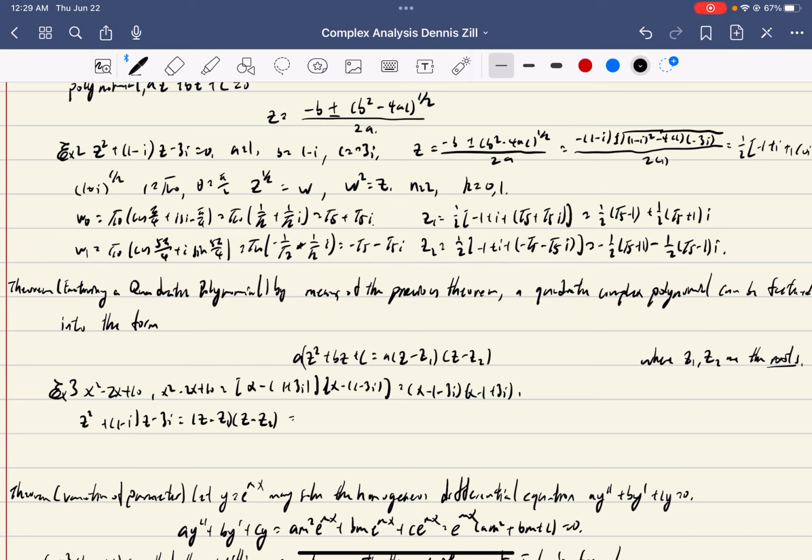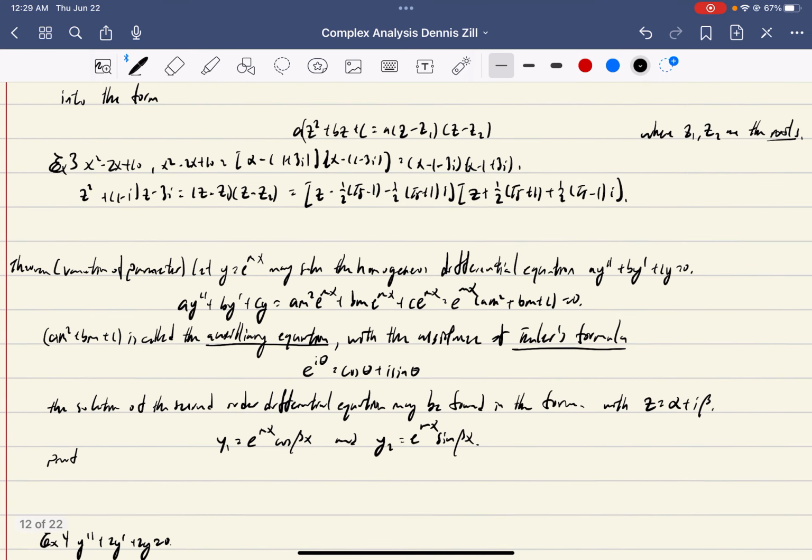So that is equal to z minus 1/2 (√5 minus 1) minus 1/2 (√5 plus 1) i, and then you multiply that by the second part, where minus becomes plus: plus 1/2 (√5 plus 1) and 1/2 (√5 minus 1) i. That's the imaginary part, and there it can be factored into that.